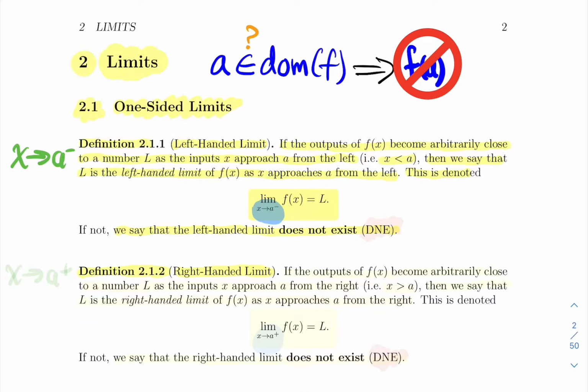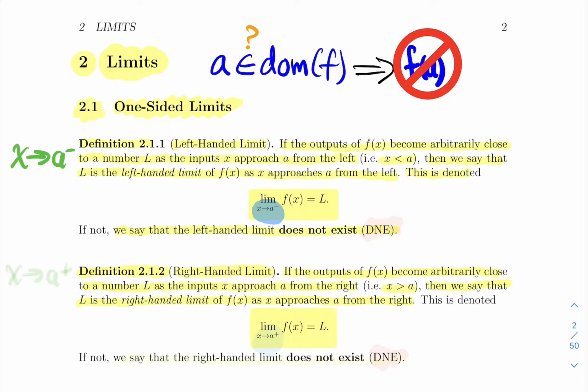So if the outputs of f become closer and closer to a number L as the input x approaches A from the right, so right simply means that the inputs are bigger than A, then we say that L is the right-handed limit of f of x as x approaches A from the right. And the notation for that is the limit as x approaches A plus of f of x is equal to L.